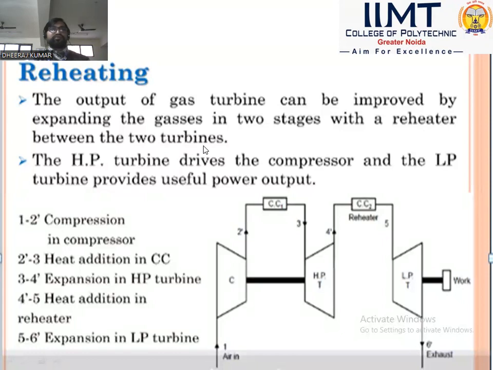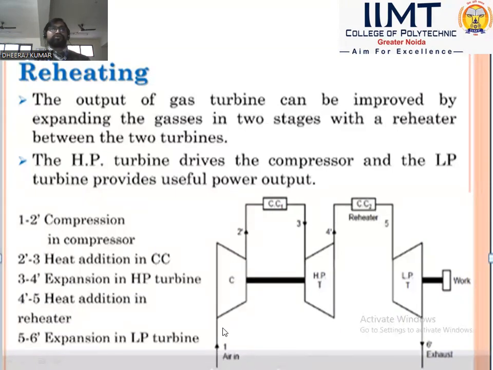In reheating, the expansion takes place in two turbines: first a high pressure turbine and then a low pressure turbine. First the gas is expanded in the high pressure turbine. These gases are again combusted inside the reheater and expand in the low pressure turbine and work is produced. So this is the diagram of the reheating process.